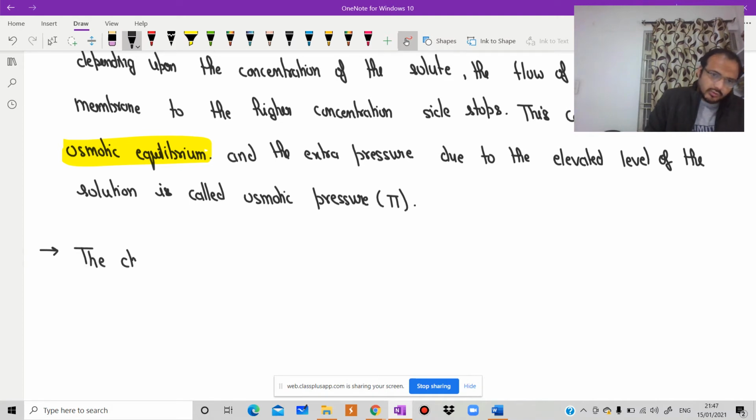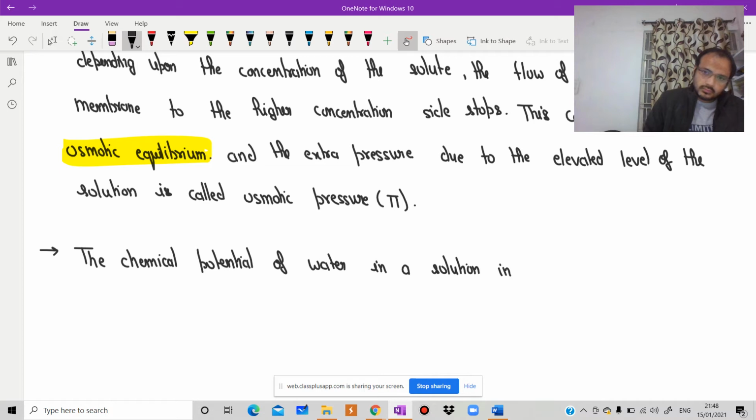The chemical potential of water in a solution increases if it is subjected to an elevated pressure.